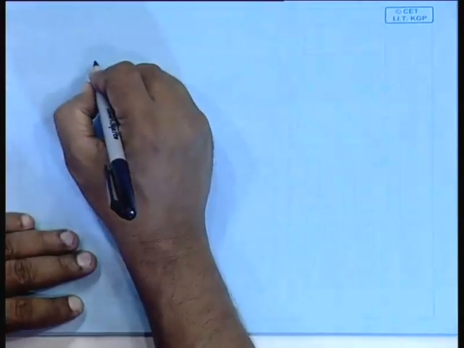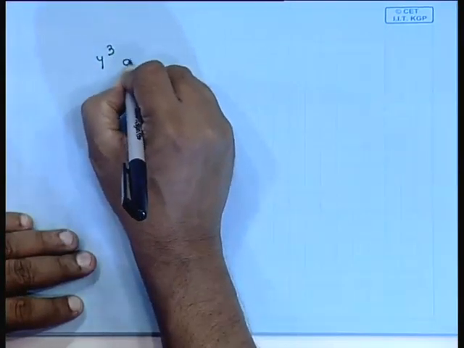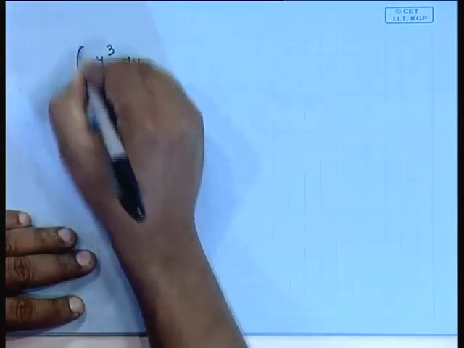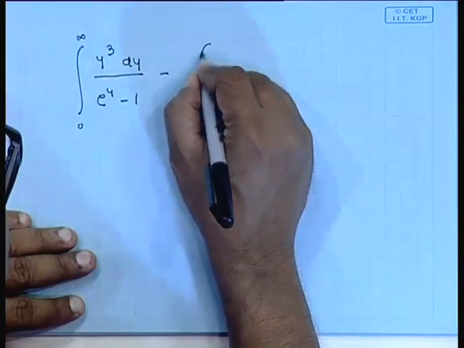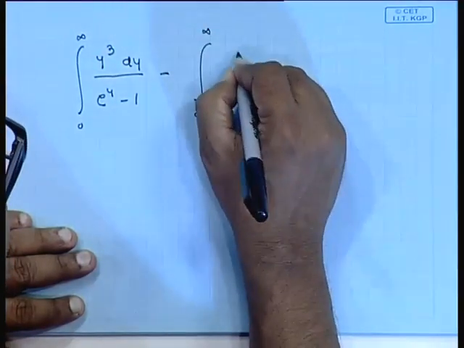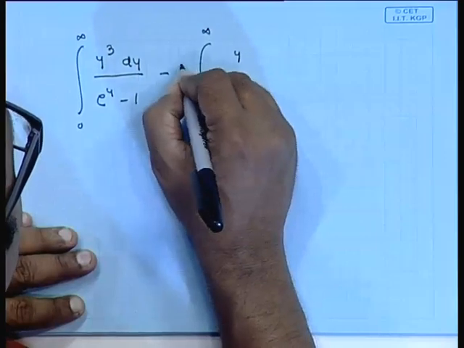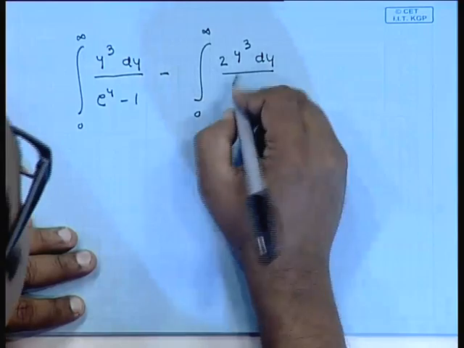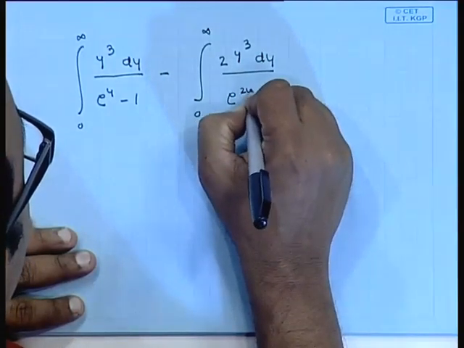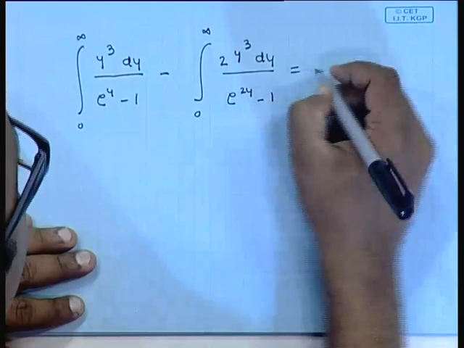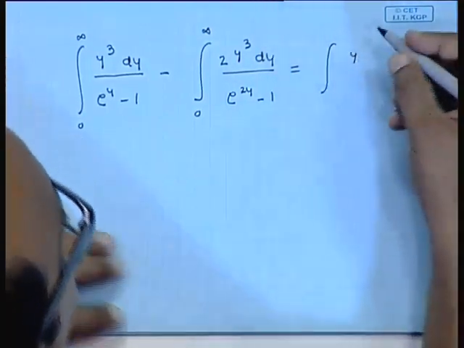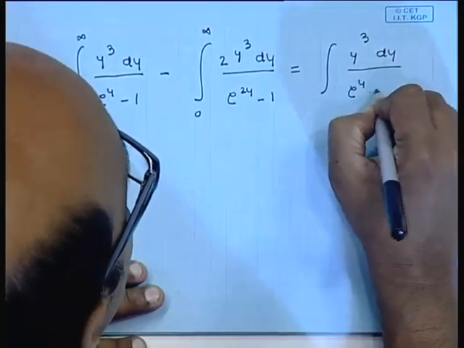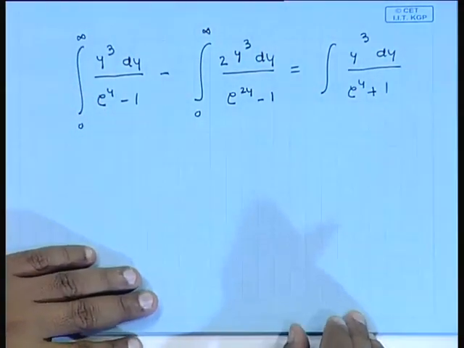So, the first one I will multiply with y cube dy over e to the power y minus 1, 0 to infinity, minus 0 to infinity 2 y cube dy by e to the power 2y minus 1 is equal to the integral that we require, right.